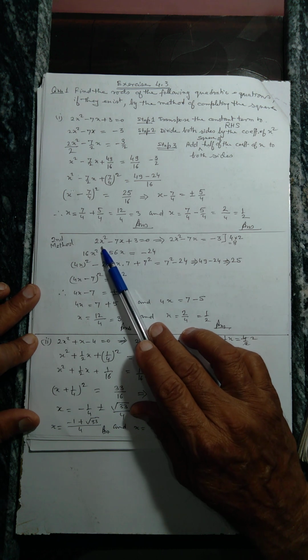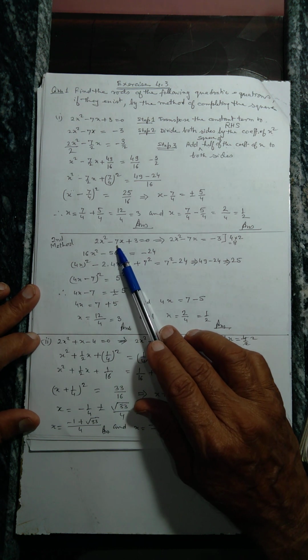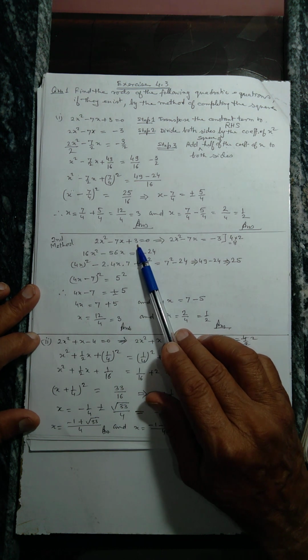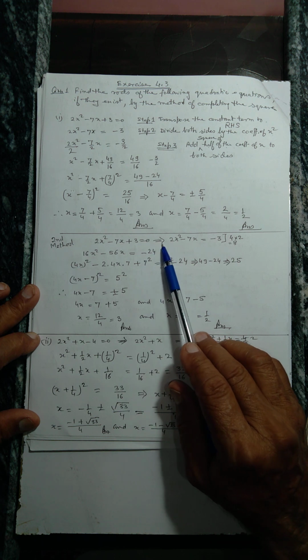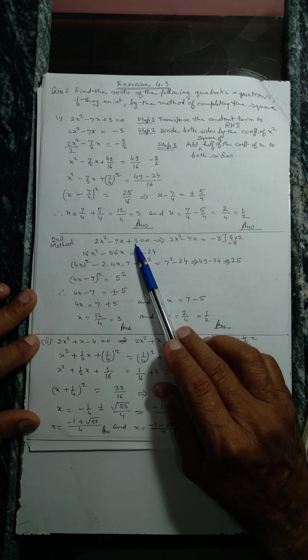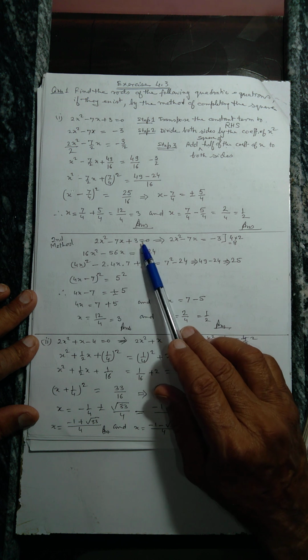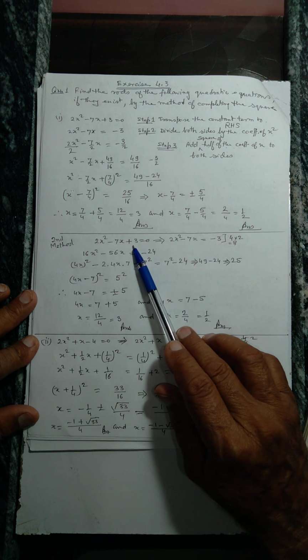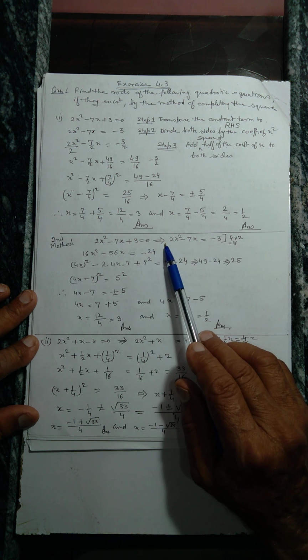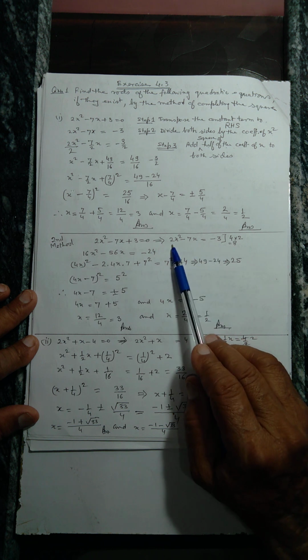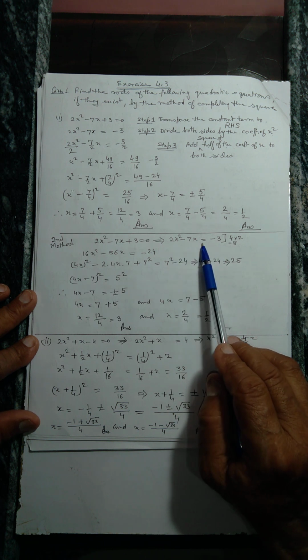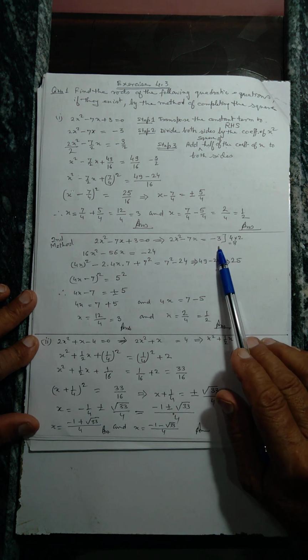Anyhow, you see 2x² − 7x + 3, it is given here. So what I have done is shift the constant term to the right-hand side. I have transposed the +3 to the right-hand side, so it will become minus. So 2x² − 7x will be equal to −3.